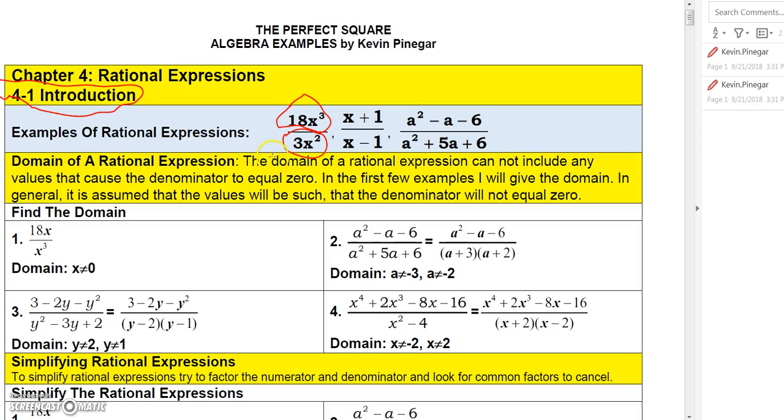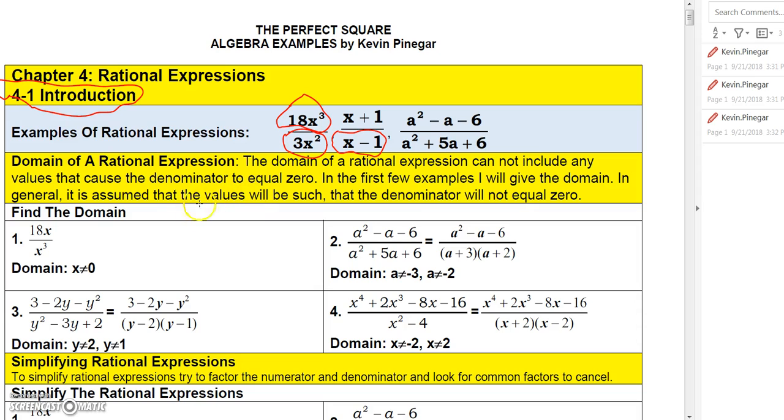Now, one thing that you have to worry about with rational expressions is that since they have a denominator that generally involves a variable, you need to determine what values of that variable will make the denominator equal 0, and then you have to exclude those values from the domain. So this is important later when we get into solving equations. You might get an answer that's not in the domain, and of course if you do, you can't use that.